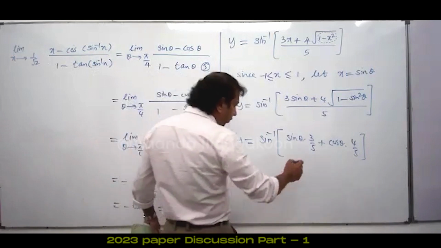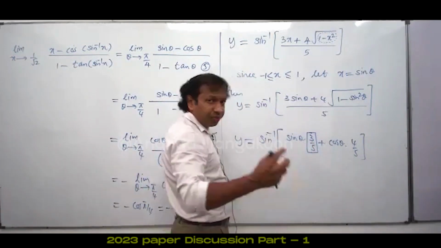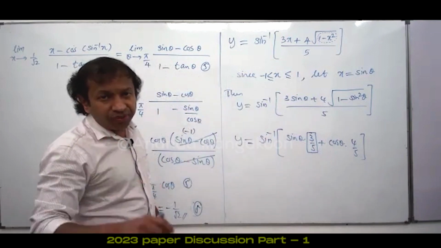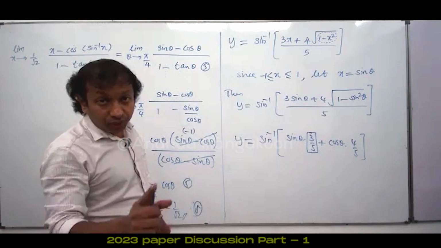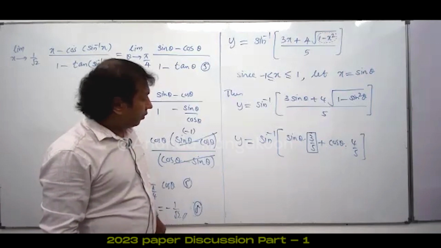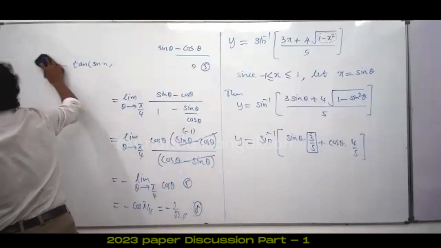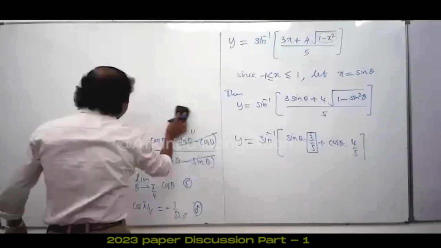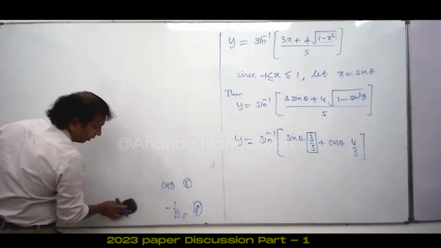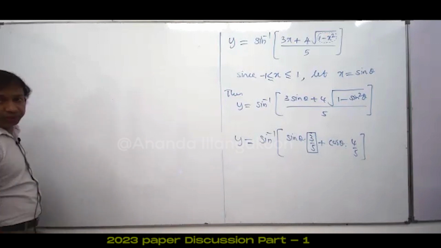Then, people, this 3 by 5 part is a value less than 1, no? 3 by 5 means 0.6. That 0.6 we can write as cos of an angle. You can remember the cos graph, no? The cos graph also fluctuates between plus 1 and minus 1. Until you learn these techniques, you can't work out the question smoothly.